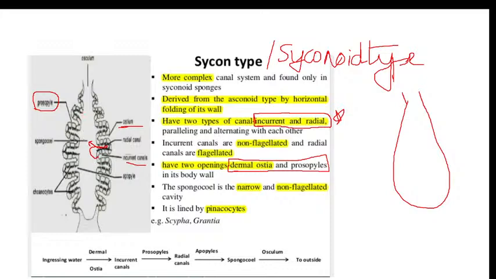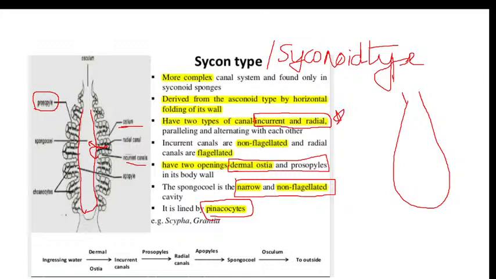Just look here, this is the spongocoel. If you look at this part, the cells facing towards the spongocoel are non-flagellated and it is lined by pinacocytes. That is another main difference. It is lined by pinacocytes. So those are the differences between ascenoid and sycanoid.